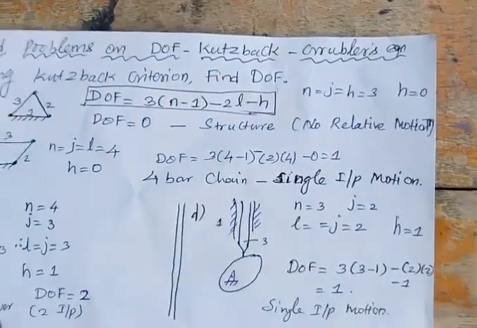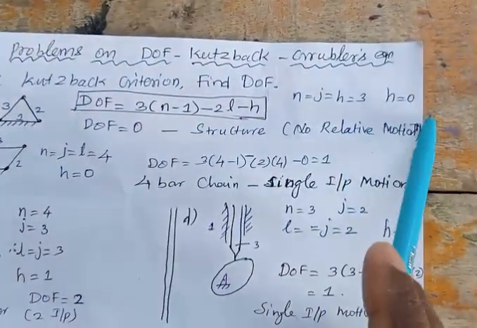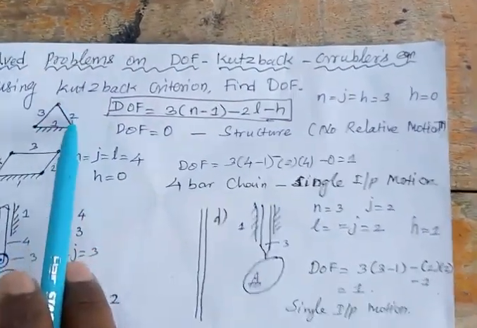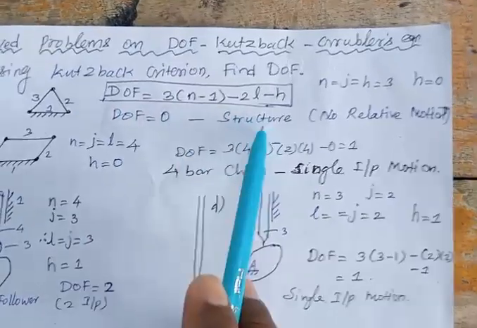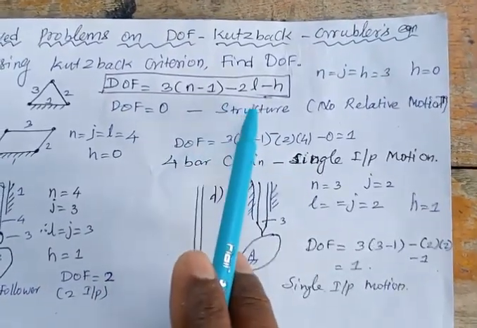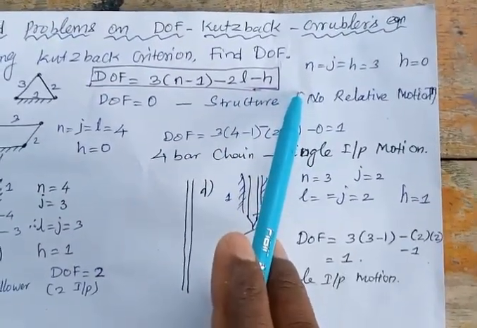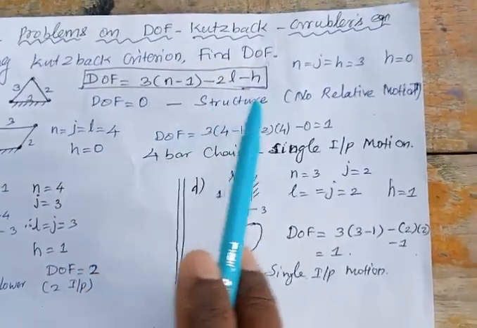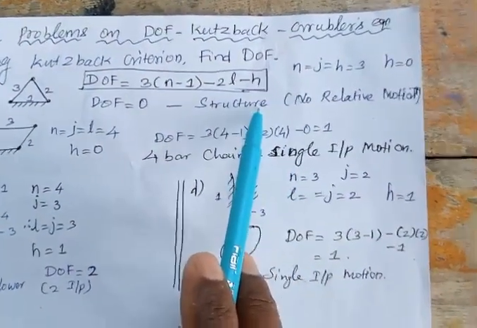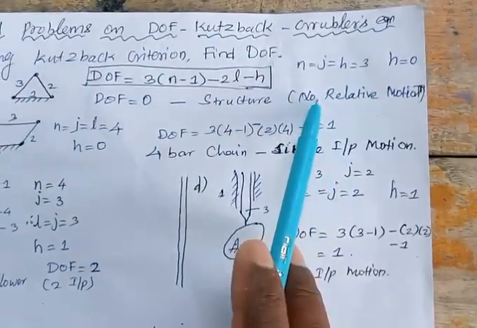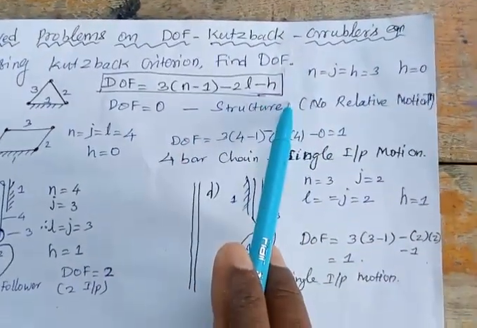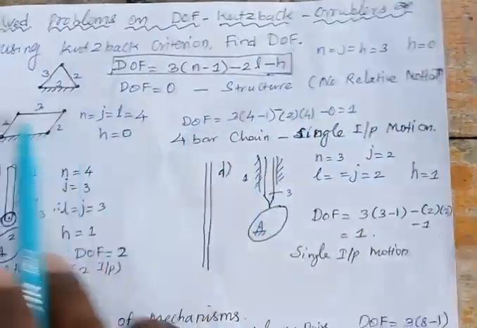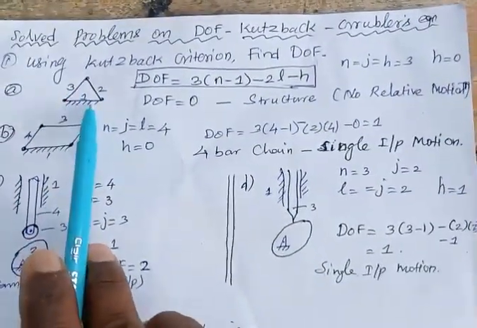So n = j = 3, meaning 3 links and 3 binary joints. Putting in the formula, 3(n - 1) - 2l - h, the degrees of freedom equals 0. So we get a structure; there is no relative motion between the various links.